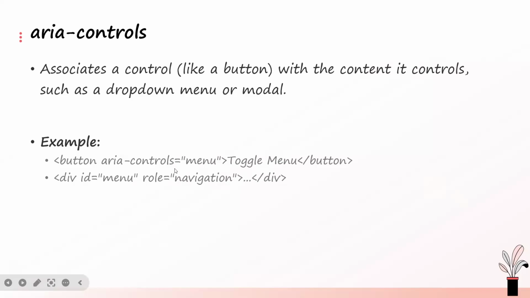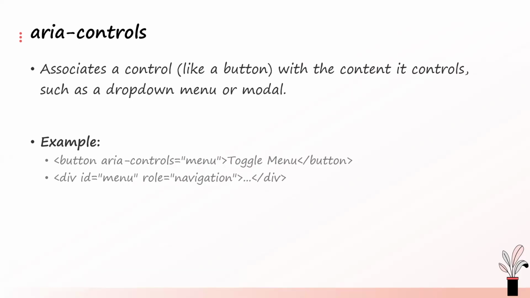So you can say aria-controls. The menu here is the ID of the div that this button is controlling. It is simple, okay? It's just common sense that we use to understand these things. It's not hard. When we use aria-controls, we are saying whatever this button is controlling.